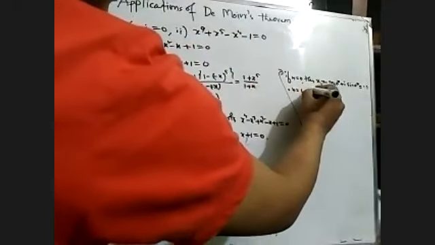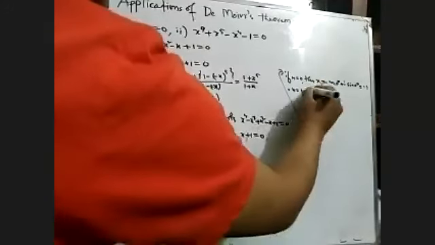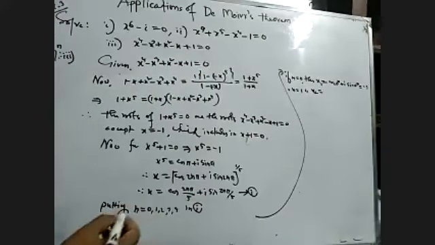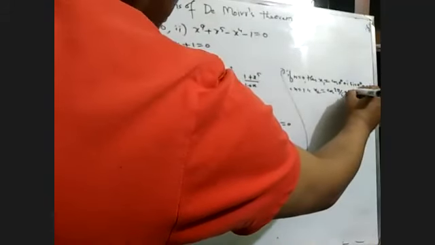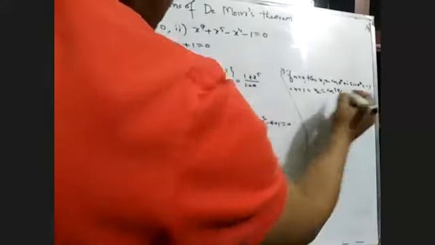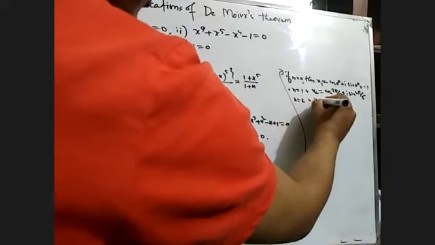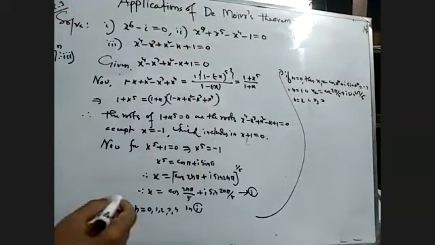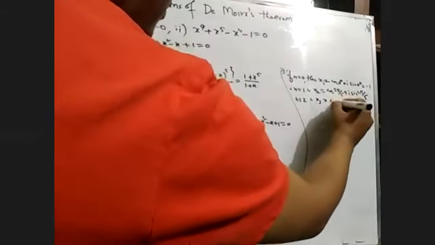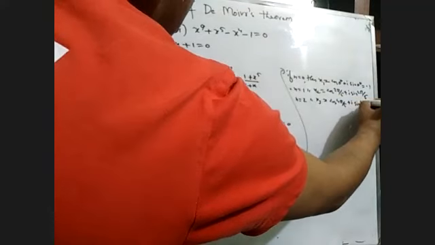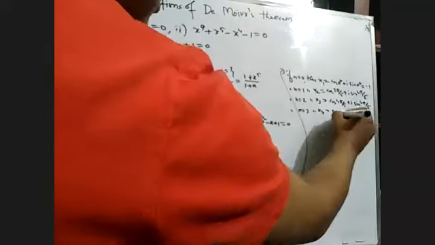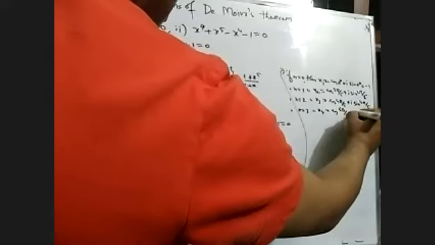If n equals 1, then the second root will be cos twice pi by 5 plus i sine twice pi by 5. N equals 2, the third root will be cos 4 pi by 5 plus i sine 4 pi by 5. Then cos 6 pi by 5 plus i sine 6 pi by 5.